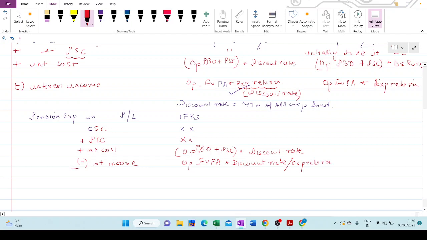This was the pension expense in P&L under IFRS.